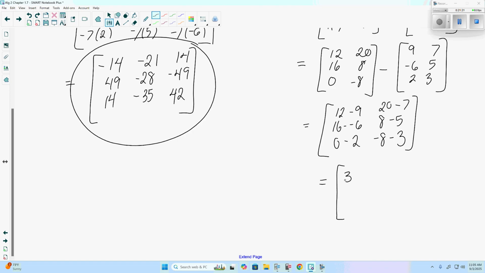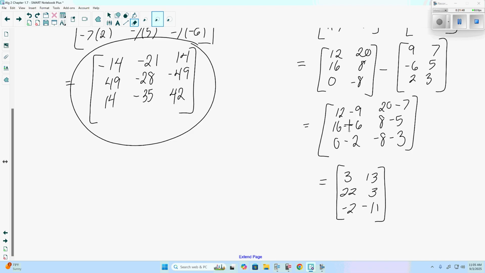Well, 12 minus 9 is indeed 3, and 13. Negative 11. Yeah, because 16 minus negative 6 would be 16 plus 6. 8 minus 5 would be 3. 0 minus 2 would be negative 2.